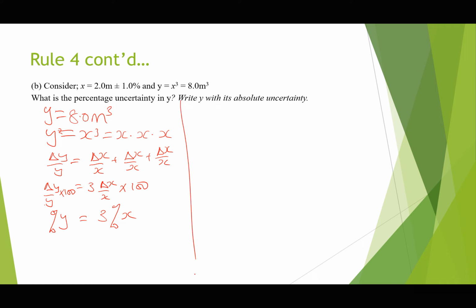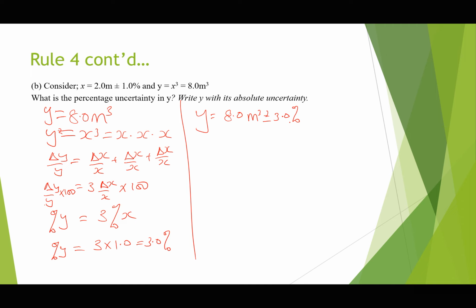Therefore, since I have the percentage in x, I will conclude that the percentage in y is going to be 3 times 1.0, which is 3.0%. So it means I can say that y is therefore equal to 8.0 meters cubed plus or minus 3.0%. So you see here, when you have a power, the power is multiplied by the fraction or by the percentage.